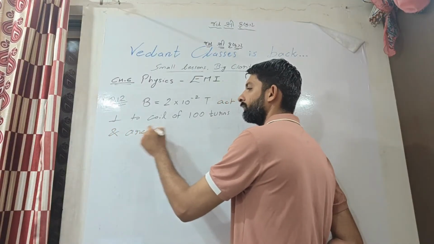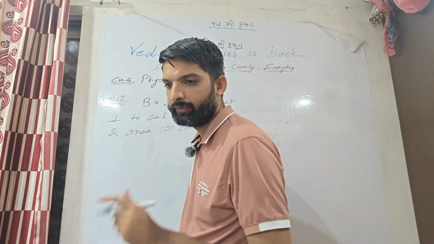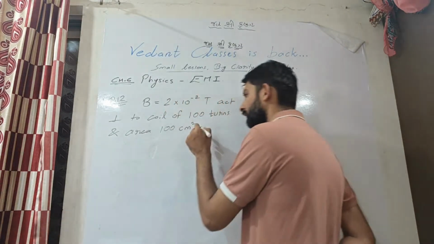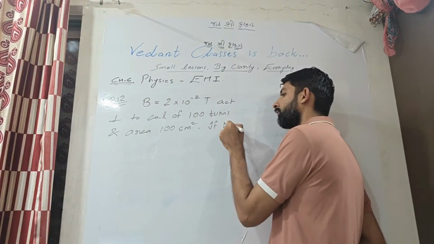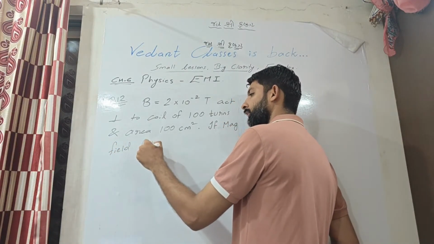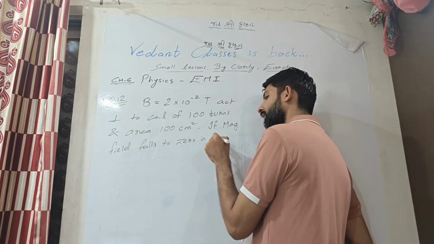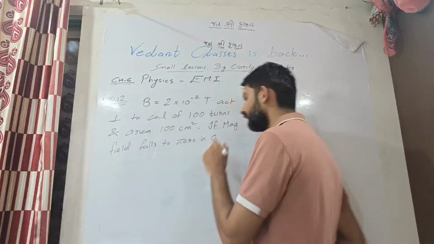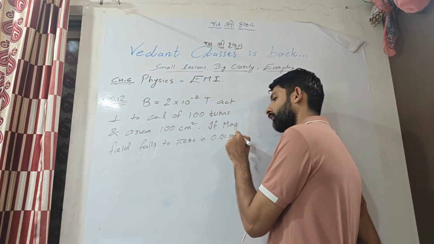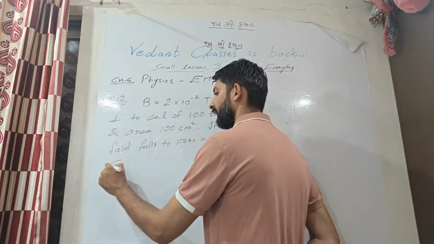If the magnetic field falls to 0 in 0.01 second, then you have to find the induced EMF.